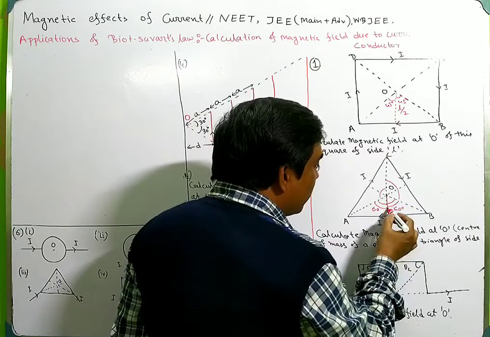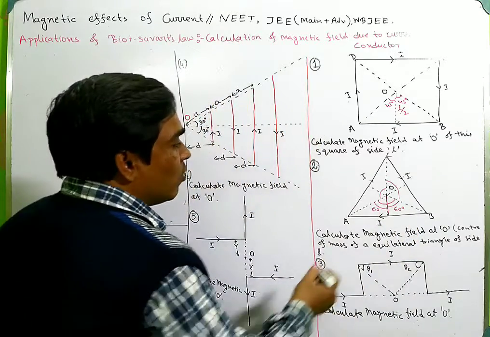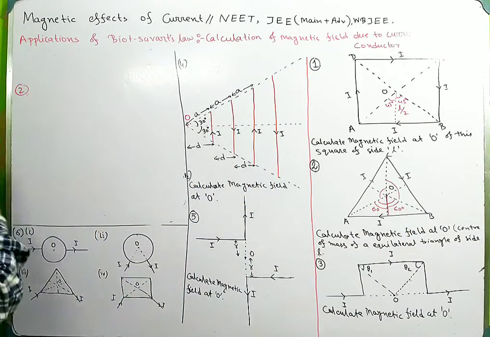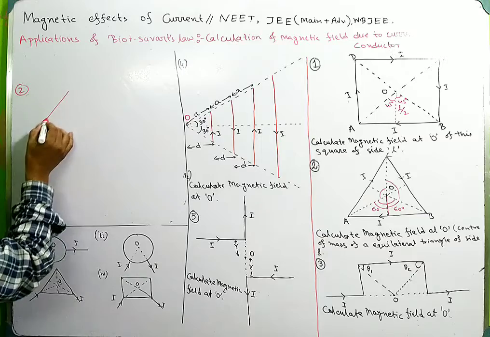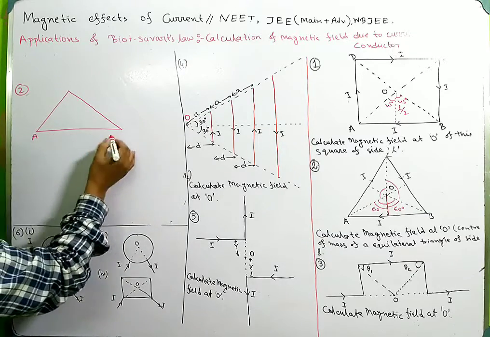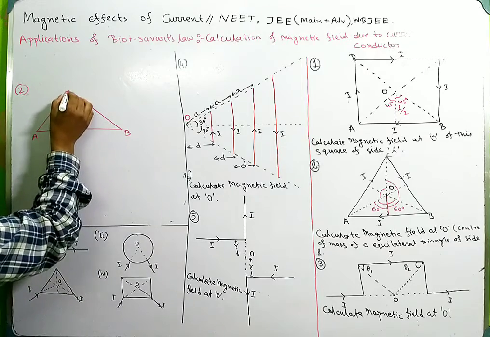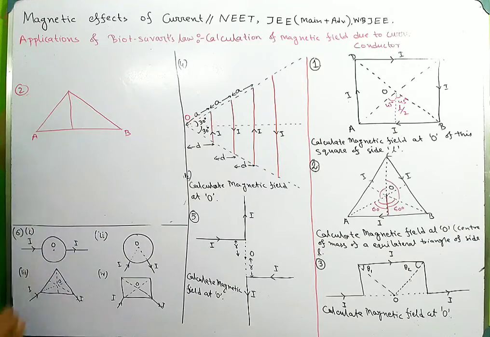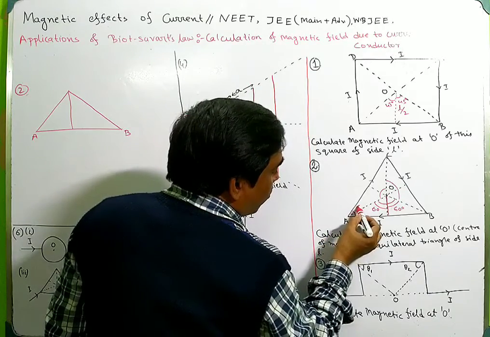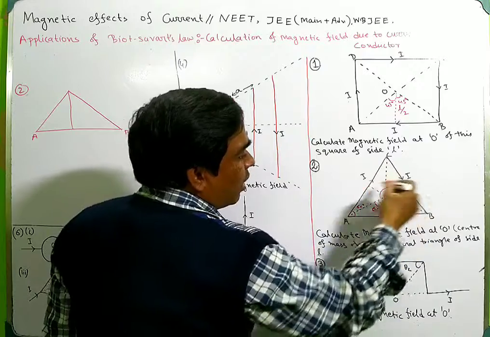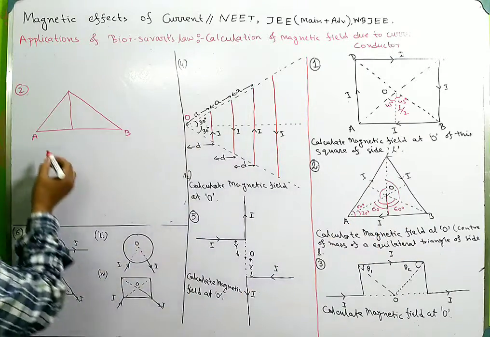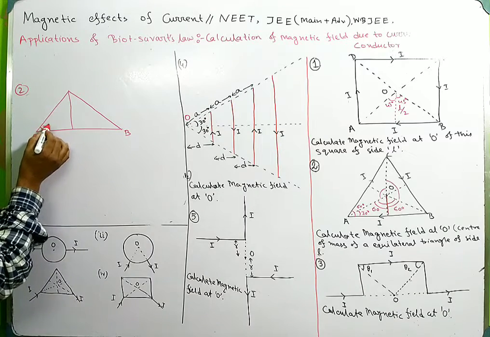What will this distance be? Suppose this is equation number 2, and suppose this portion is A, B. Its total angle will also be 60 degrees, because this is an equilateral triangle. So this angle will be 30 degrees.